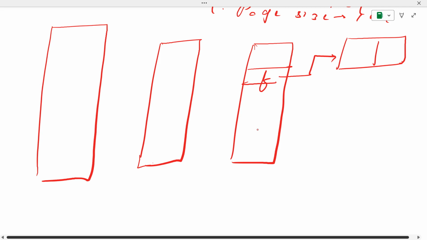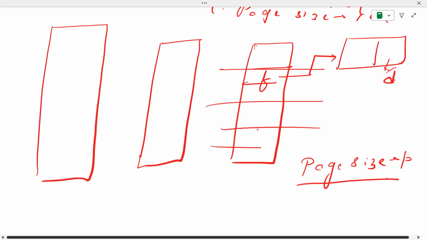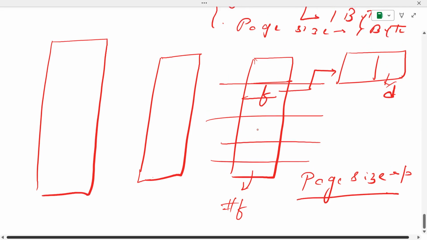So if the page size is not given, then we can assume that the page size in each of them is the same. That is, we are assuming the page size to be the same throughout, equal to the page offset, that is D. Okay, so page size is assumed, let's say P, throughout. So we have been dividing this into P size frames, P size pages. So the number of pages, the number of entries in which it is getting divided. Let's say this page table size. Okay, we don't know the page table size as well.